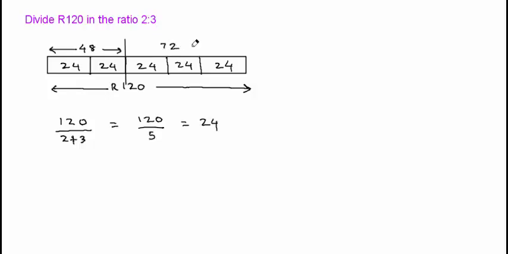Either way, the answer is 72 on the other side. So then the 2 side is 48 rand and the 3 side is 72 rand. That's how you would divide 120 rand in this ratio of 2 to 3.